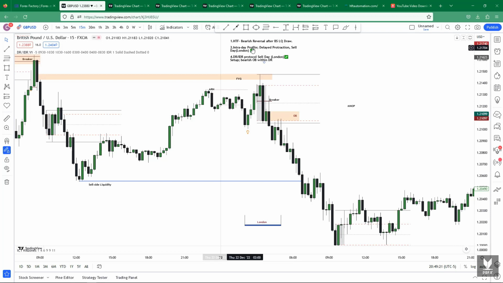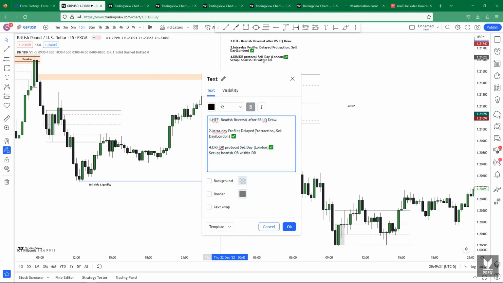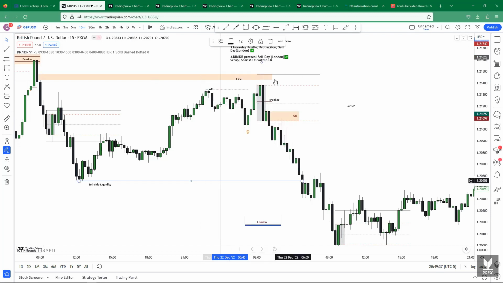And number 2, intraday market profile, delayed protraction. This would be a normal day protraction, sell day, and the DR protocol would agree, and everything ticked the box. And the setup would be a bearish order block within the DR right here.